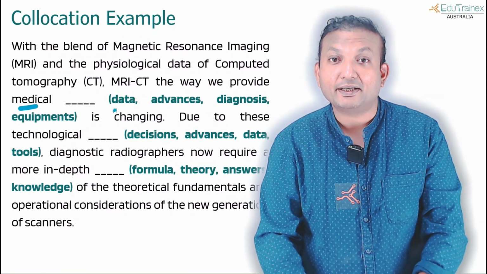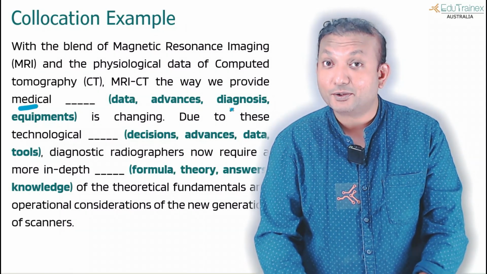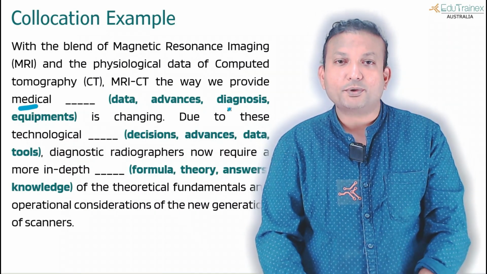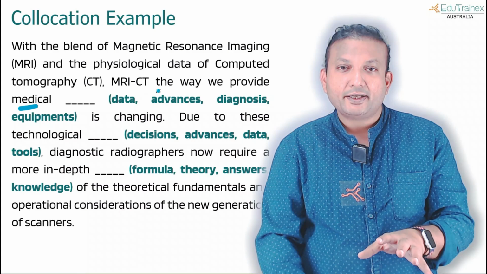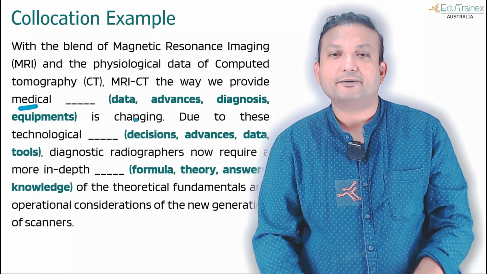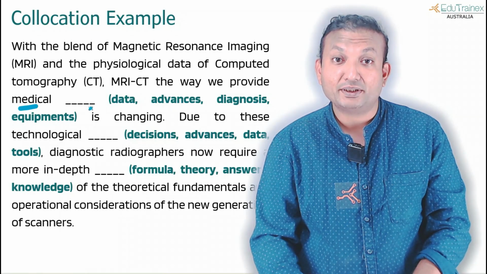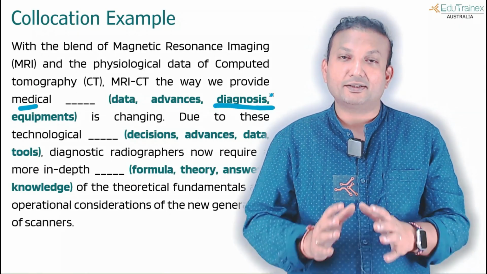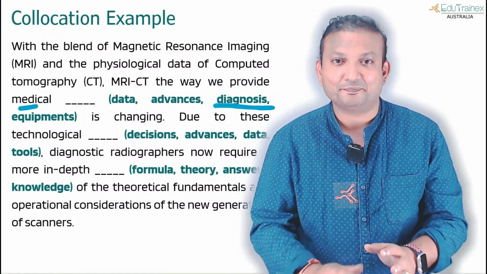Medical data, medical advances, medical diagnosis or medical equipments? Now read the sentence. MRI, CT, the way we provide medical dash is changing. So we don't provide medical equipments or data or advances. We provide medical diagnosis, and that's a very common collocation.